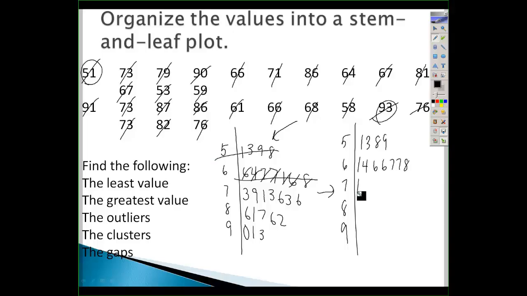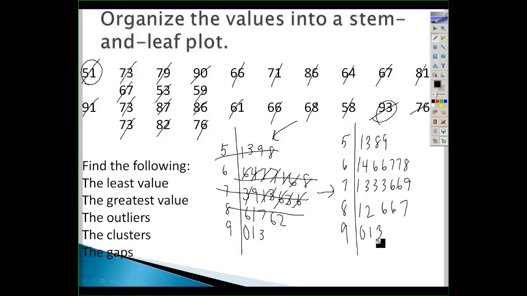I'm going to say 1, there's no 2s, 3 3s, 2 6s, and a 9. So I've got my 7s done. Now my 8s. I'm going to say 1, 2, 6, 6, 7. That's in order. And now 0, 1, 3. The 9s are already in order.